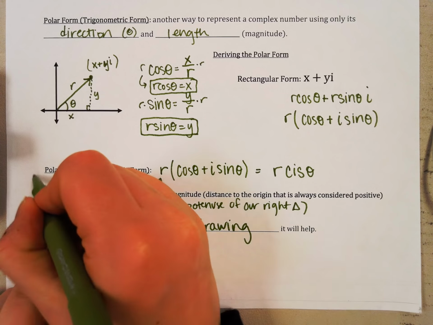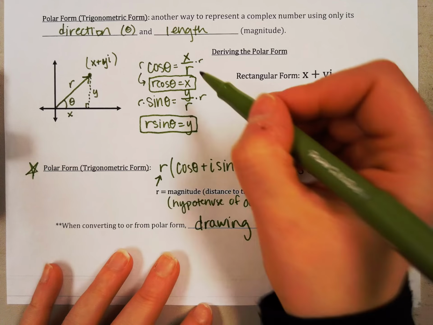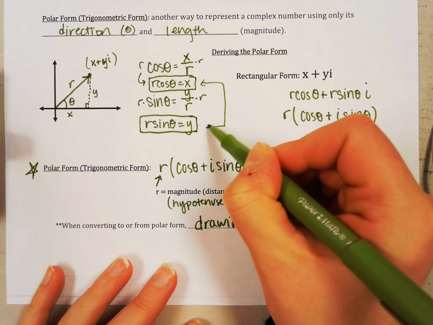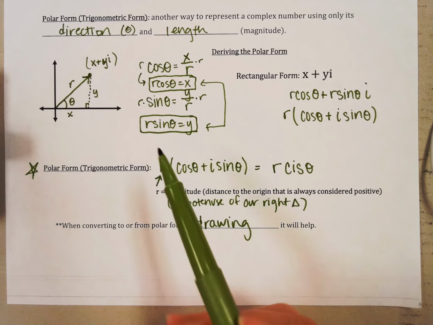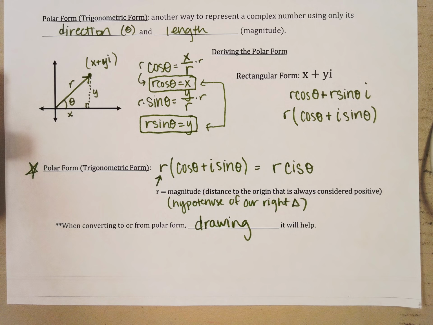That's something you need to memorize, and if I were you, I would memorize these things. Not that they're that hard, because we know that cosine theta usually equals x, and the only difference is that we have this r value, which is our original. So you can remember this picture and then derive it every time. But if you remember r cosine theta equals x and r sine theta equals y, that will help you immensely when you're converting from rectangular form to polar form and vice versa.